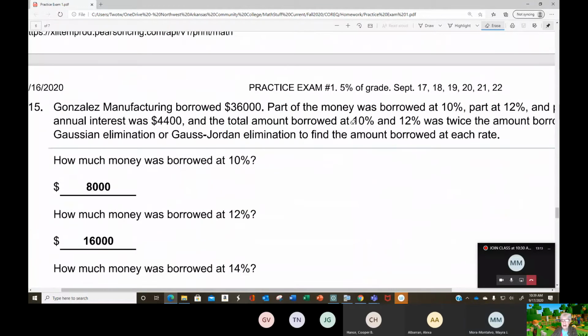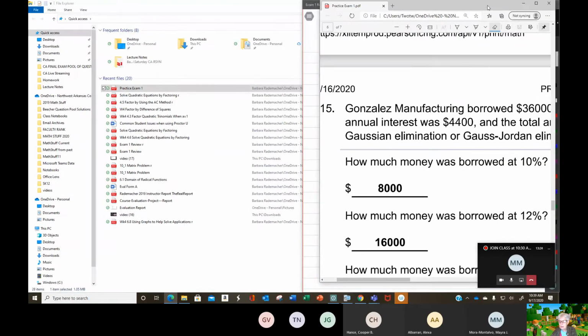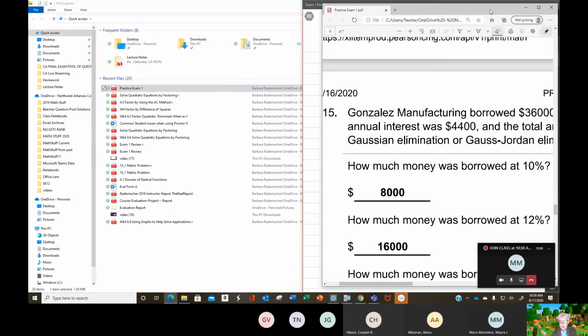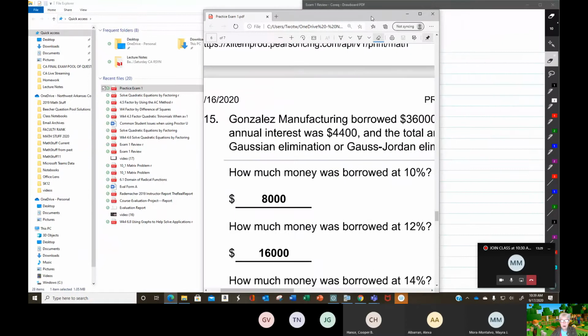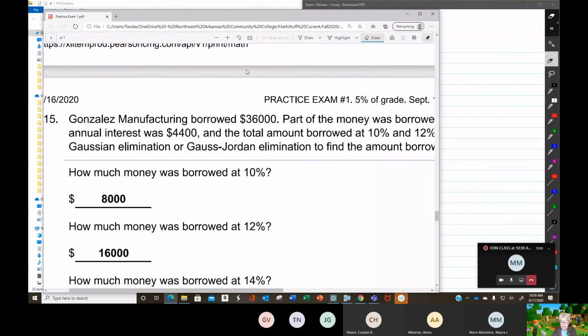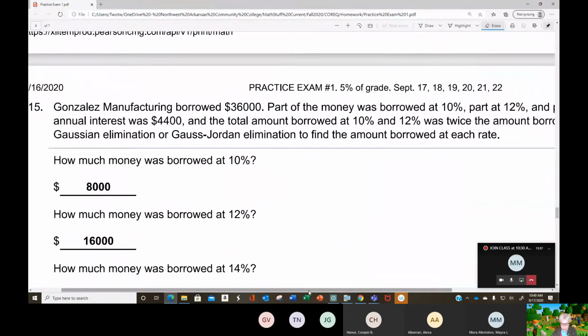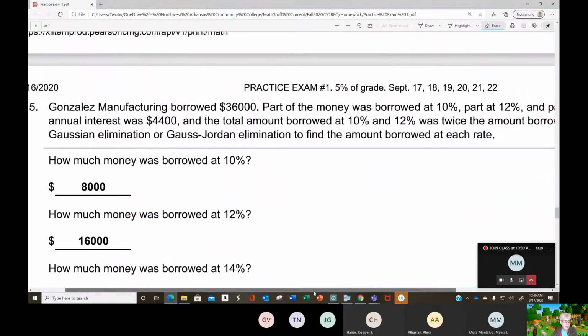Number 15, Gonzalez Manufacturing. Yes. Okay, there it is. We need the whole screen, I fear.